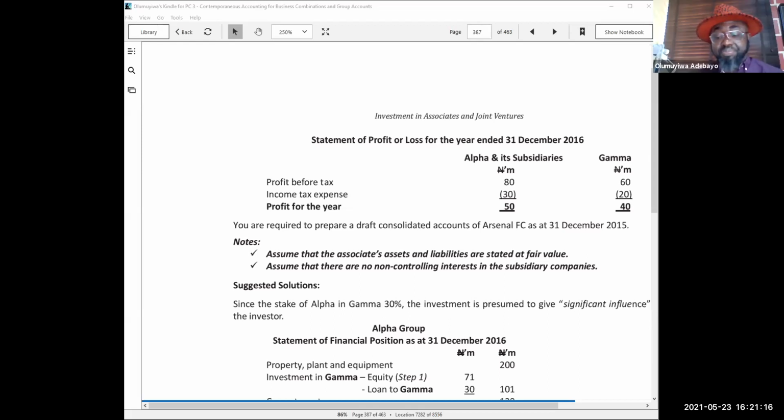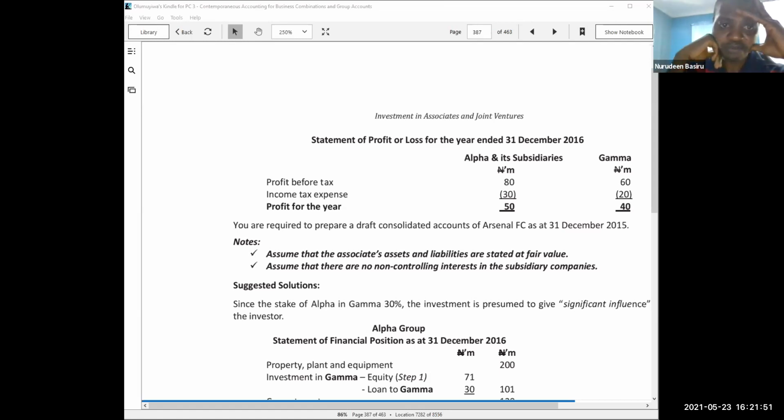Okay, who else? Based on the scenario on the screen, I think basically what we are meant to do is to account for investments in associates. That is, Gamma as an associate to Alpha and its subsidiaries.